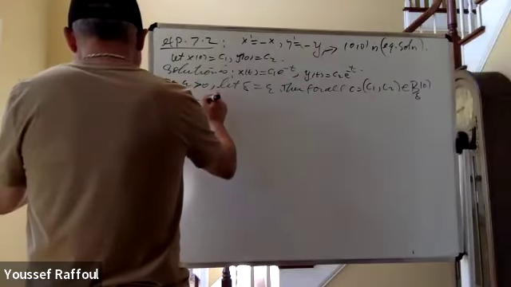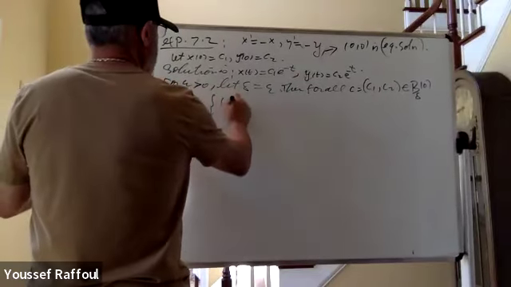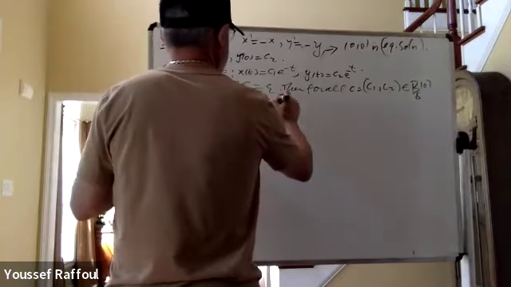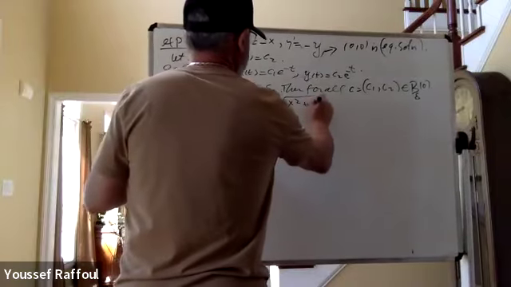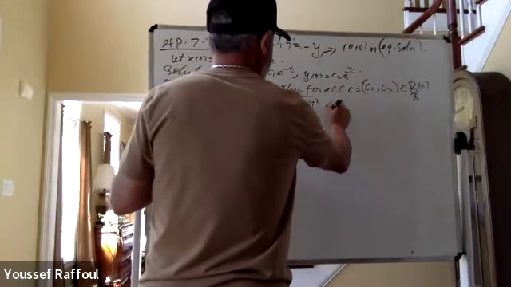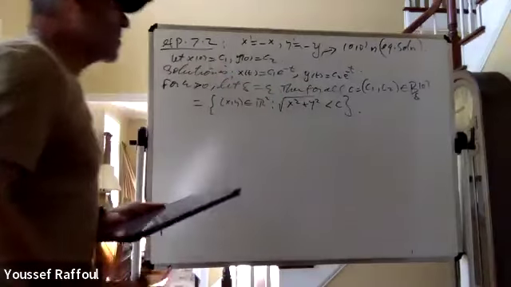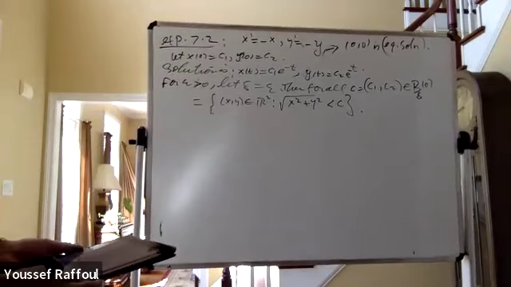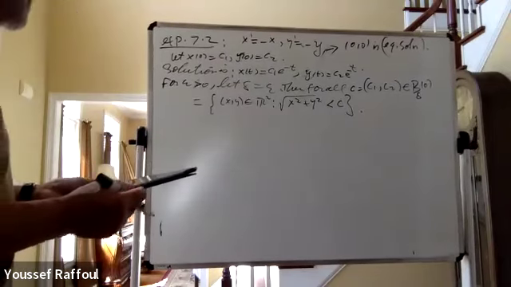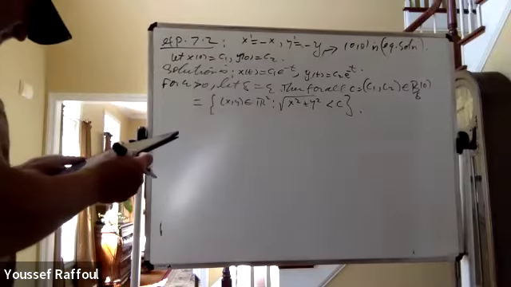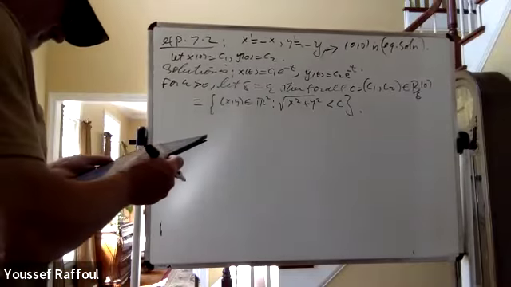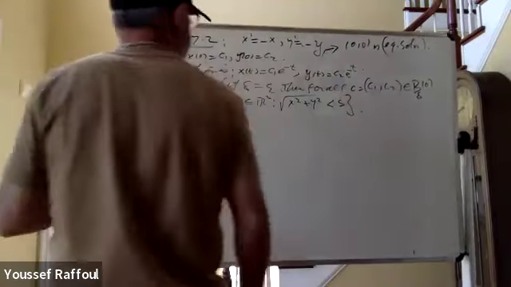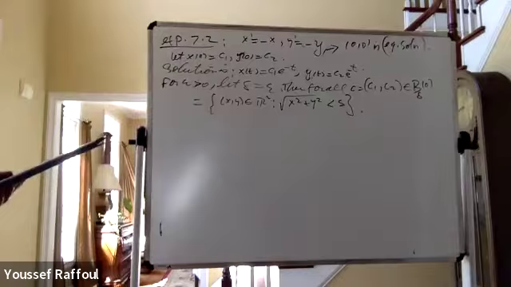B delta of 0 is the set of (x, y) in R2 such that x squared plus y squared is less than, sorry, less than delta. This is delta.